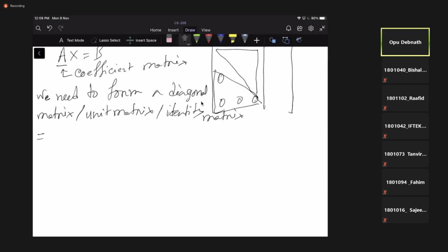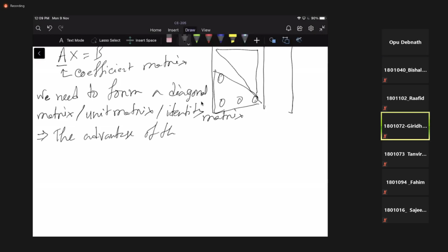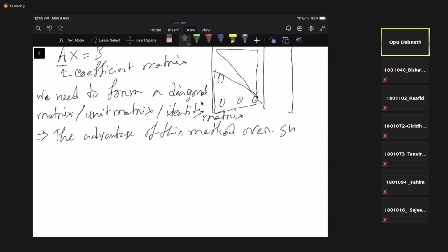So what is the advantage? The advantage of this method over Gauss elimination is back substitution.